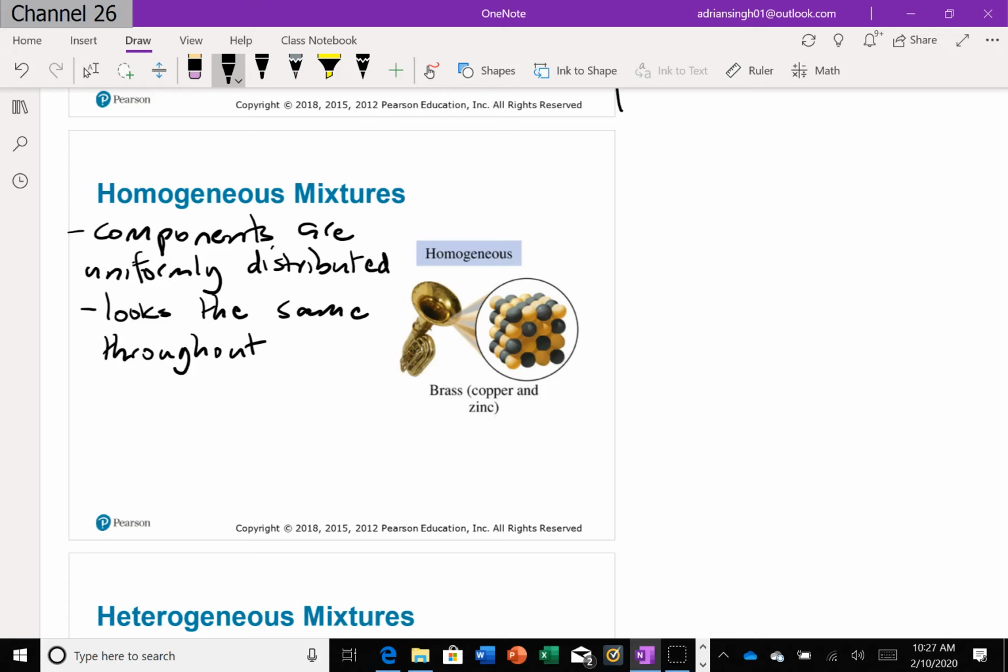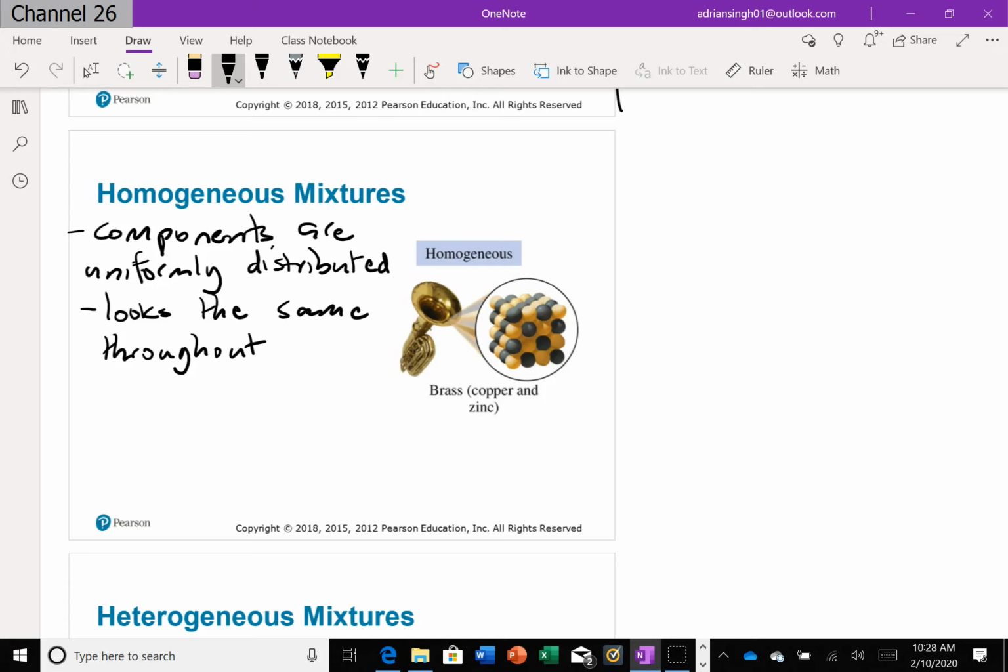So an example here for a homogeneous mixture would be something like brass, where you have a combination of two different elements, copper and zinc, that are not chemically combined, but they just share the same physical space, right? If you look at a brass thing, a brass instrument, a brass bell, a brass furnishing, can you tell where the copper ends and the zinc begins?